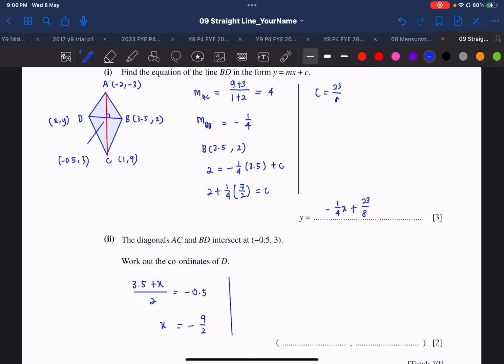And the next one for the D is, (2 plus y) divided by 2 equivalent to 3. So your y is 4. So this is how I get the value of the center point.